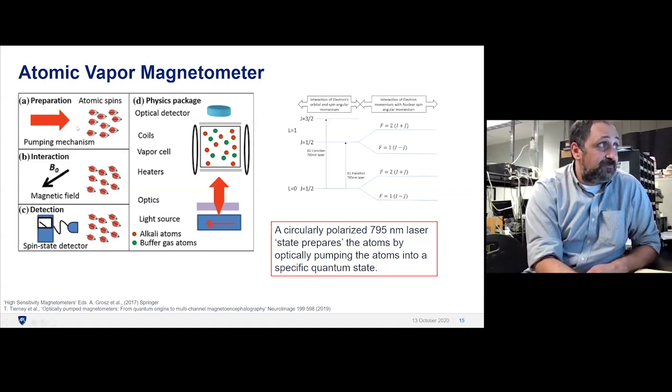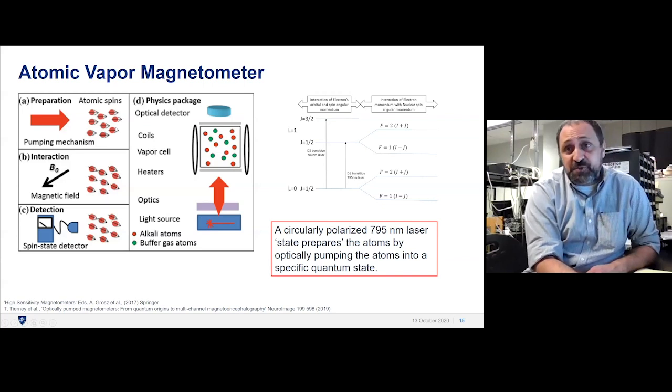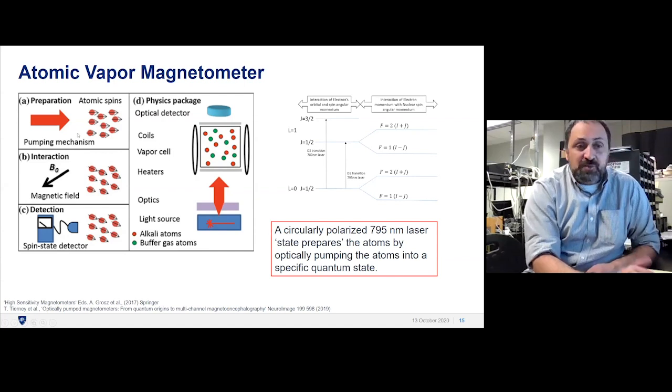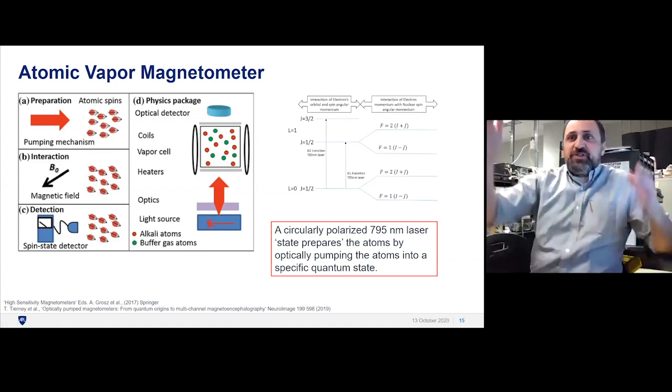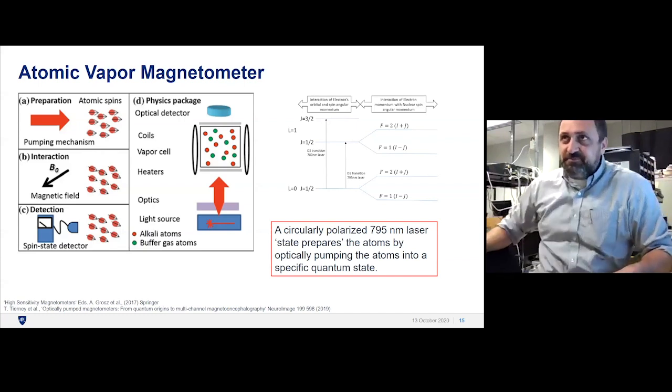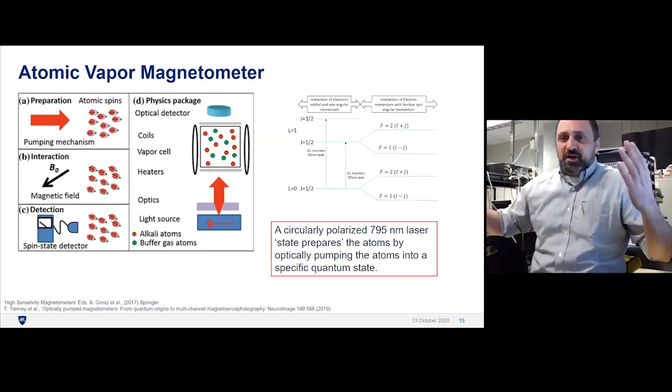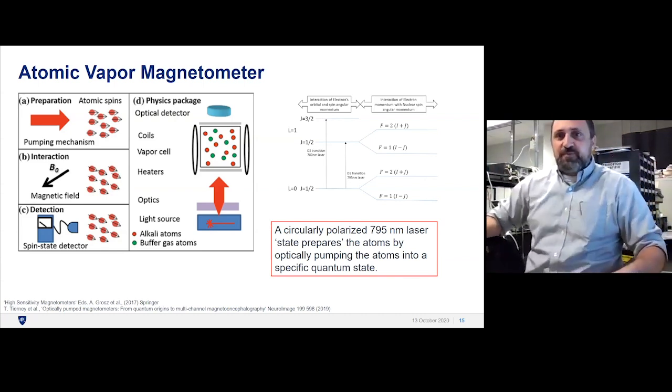So how does it work? The light we send through the vapor actually polarizes the atomic spins, and we'll discuss it in the next slide, it polarizes them by putting them in the same spin state. So that's optical pumping. When you're in an MRI, there's a giant magnetic field source you're sitting in, right? MRIs are Teslas of magnetic field you sit in.